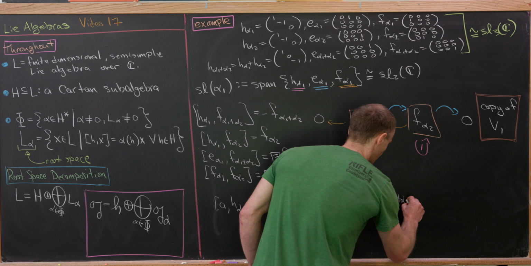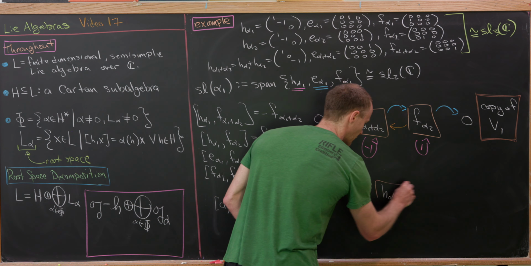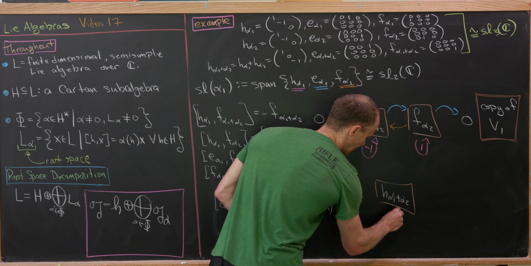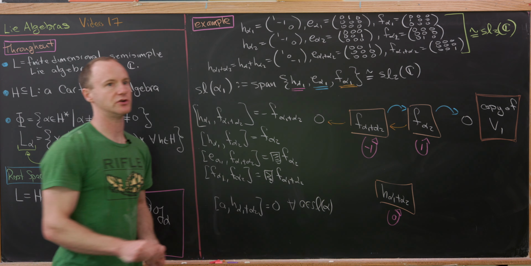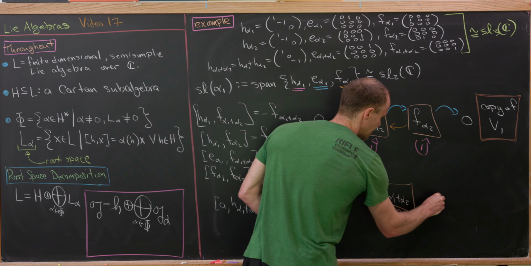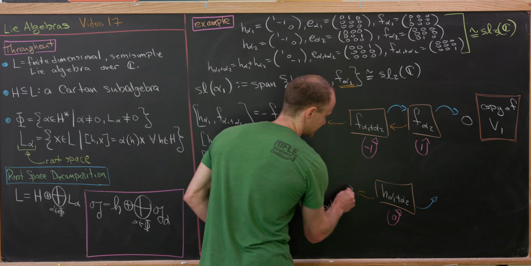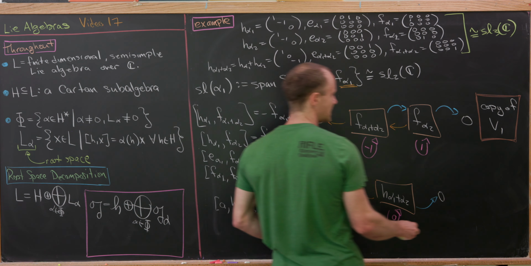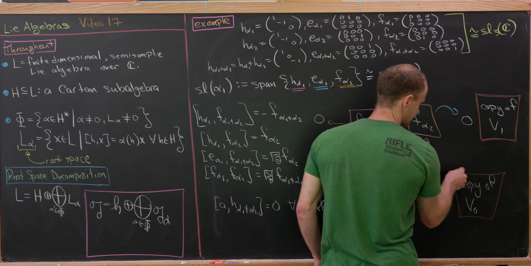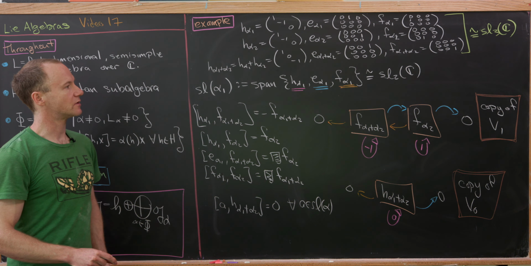What does that tell us? That tells us that we have a one-dimensional subalgebra spanned by this H alpha 1 plus alpha 2. It's got an H alpha 1 eigenvalue of 0, and the E will send it to 0, and the F will also send it to 0. That means this forms a copy of our classic irreducible SL2 module V0.